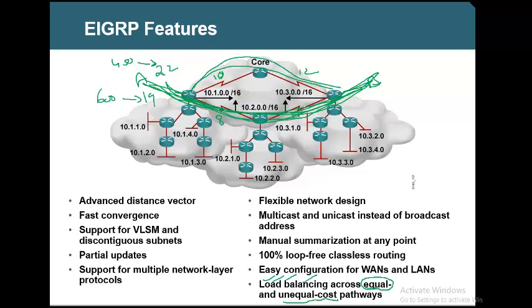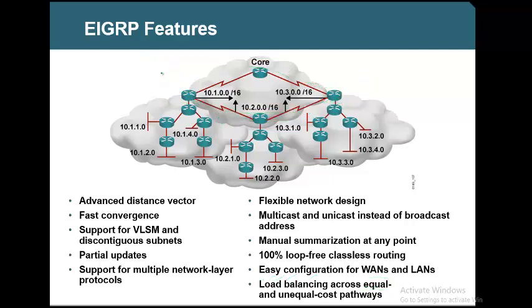No, not yet. Very nice. You see, when you say flexible network design, you can have any sort of design, like you can have small network, medium network, or you can have many autonomous systems and redistribute routes from one EIGRP to another EIGRP. Okay, all right. So let me repeat. You see these clouds?